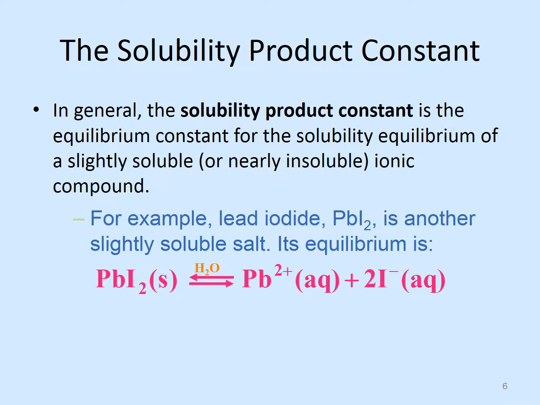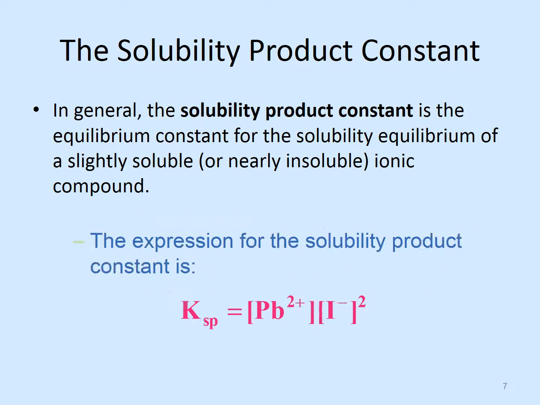So let's write, here's lead iodide, which is another very slightly soluble salt or insoluble salt. So here's its equilibrium. PbI2 goes into water, Pb2+ plus 2 I-. So how would we write the Ksp expression for this equation? So the Ksp is going to be equal to [Pb2+] raised to the first power because the coefficient for Pb is just 1, but then it's [I-] squared because the coefficient of I- is 2.